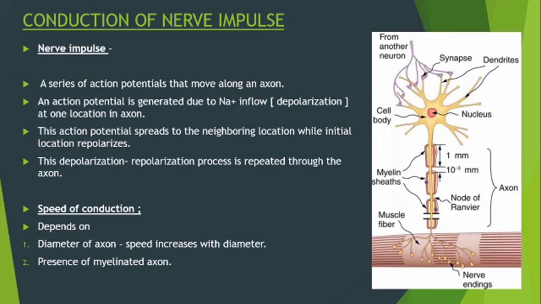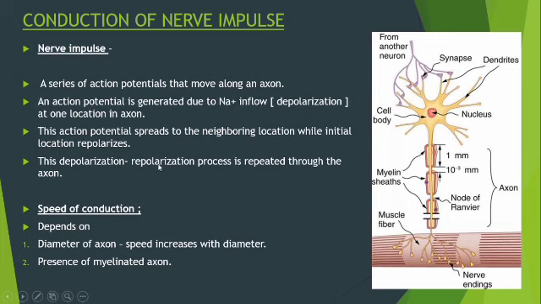Conduction of action potential or the nerve impulse. A nerve impulse is a series of action potentials that move along an axon. An action potential is generated due to sodium ion inflow or depolarization at one location in the axon. This action potential spreads to the neighboring location while the initial location repolarizes.